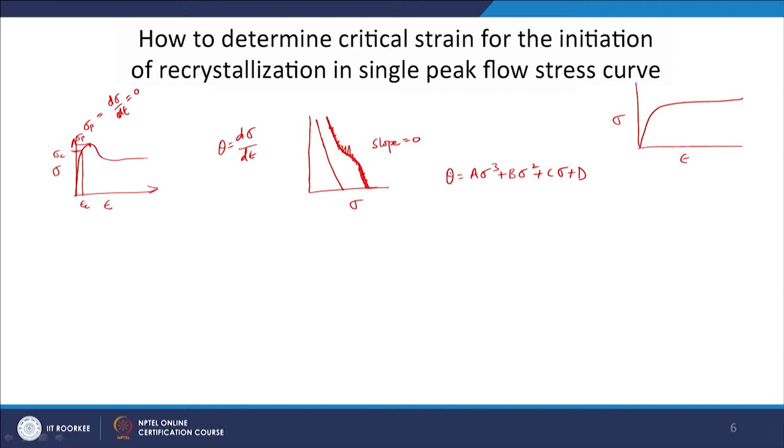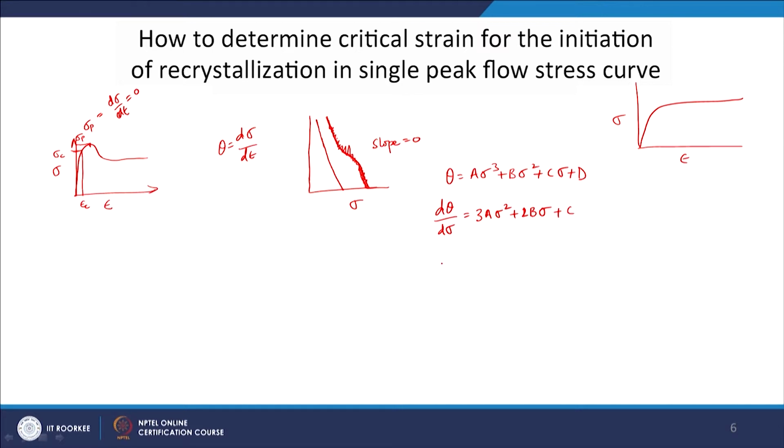And now to find out this inflection point, where actually it has started, where the slope is changing, let us again differentiate this equation with sigma. It will now be 3a sigma square plus 2b sigma plus c, and d is a constant.